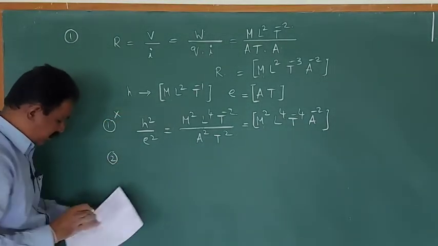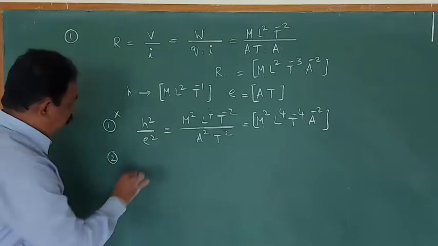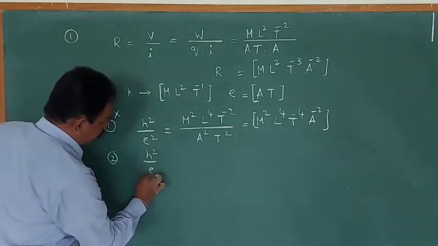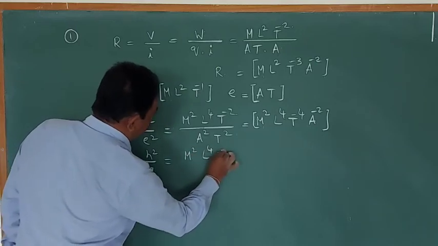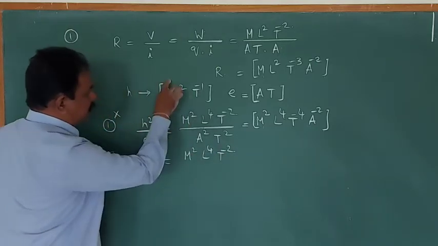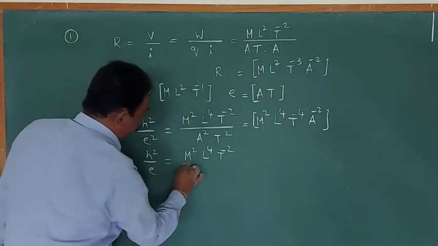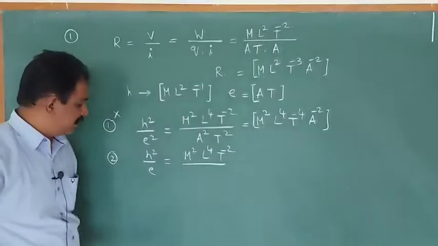See the second one, h square by e. H square is M square L power 4 T power minus 2, because the square is there.